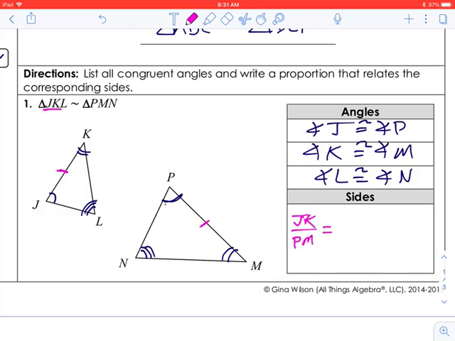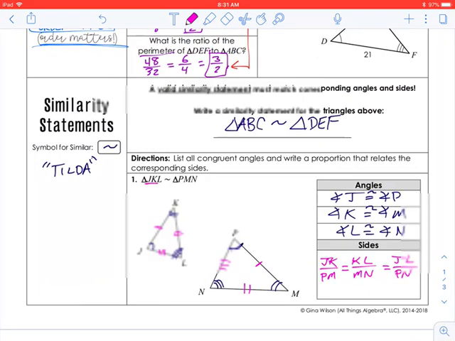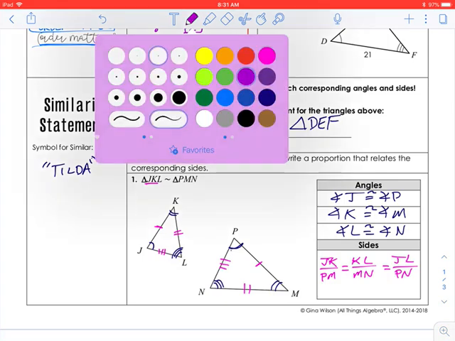So KL over MN, and then the third one, JL over PN. And that's your proportion. It's kind of an extended proportion. All those would be equal.